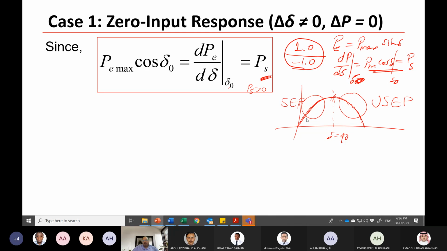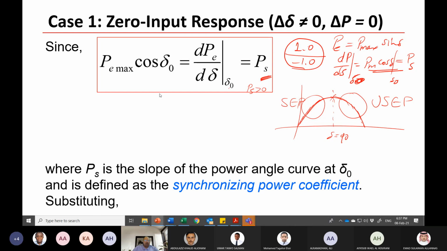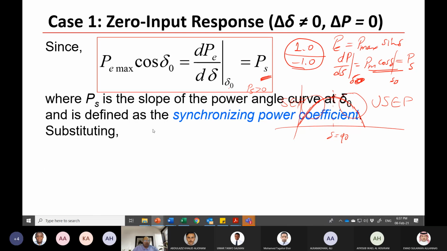It represents the slope of the tangent at any point on the curve. If it is positive, then we are below 90 degrees. If it is negative, then the system is beyond 90 degrees, which is unstable. So you are right, if BS is positive, the system will be stable. Otherwise, the system will be unstable.